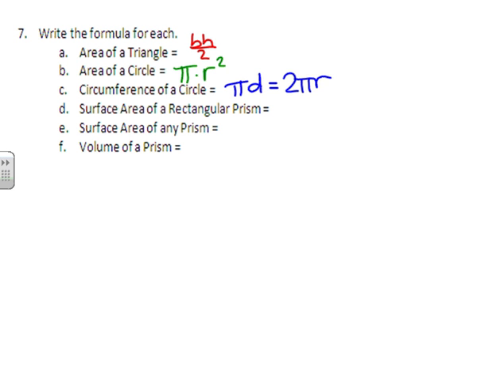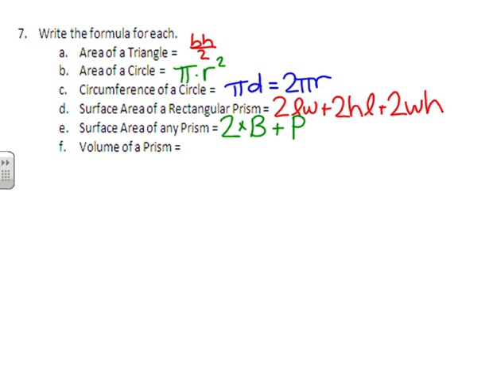This is the long one: 2 times length times width plus 2 times height times length plus 2 times width times height. That's the rectangular prism surface area. Surface area for any prism, including a rectangular prism, is 2 times the area of the base, so capital B, plus the perimeter of the base times the height of the prism.